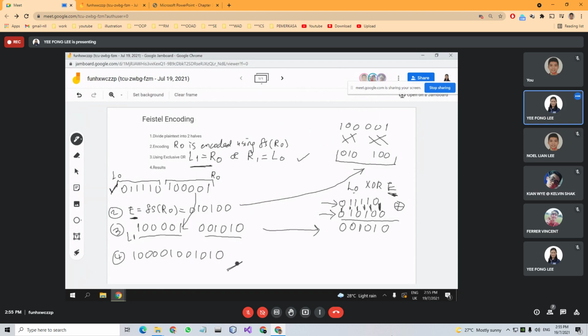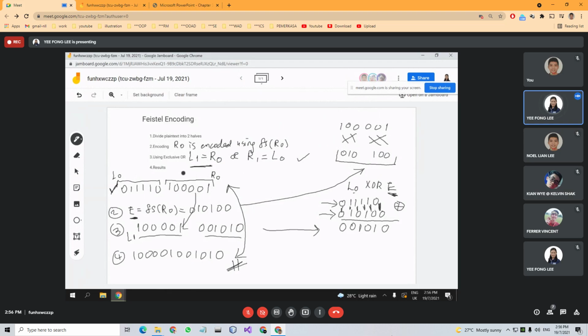So this will be the answer. After going through the 5-step encoding from the plain text, now we have the final result, number 4. And if you want to decode, we have to go through the reverse steps to get the plain text.